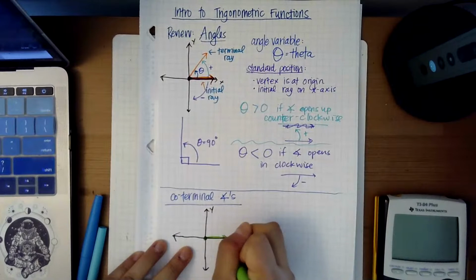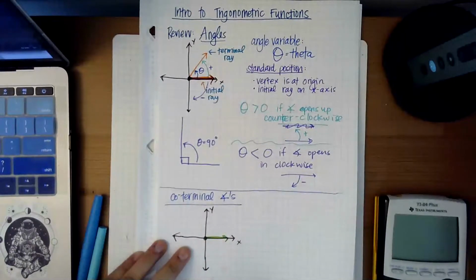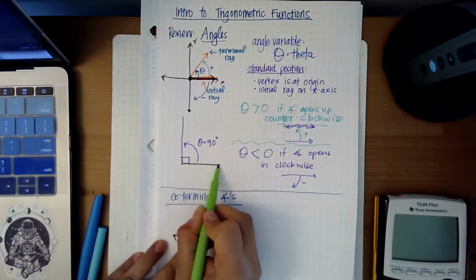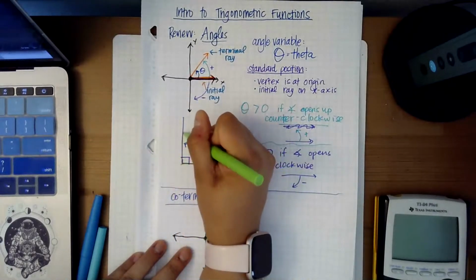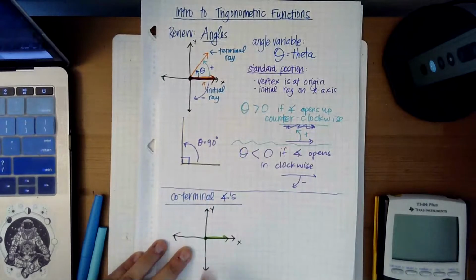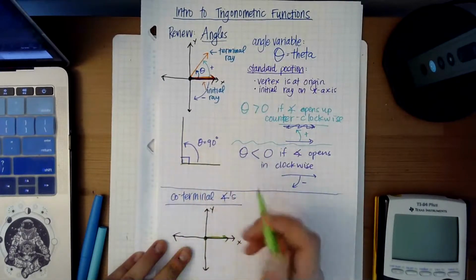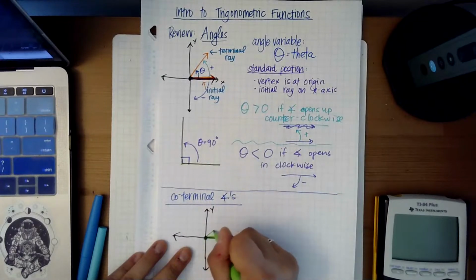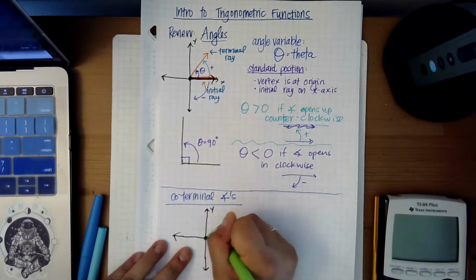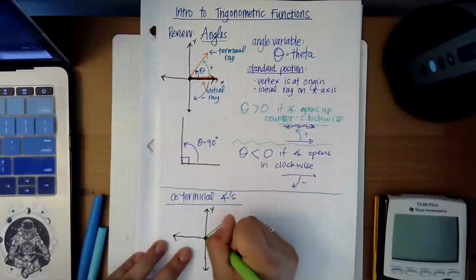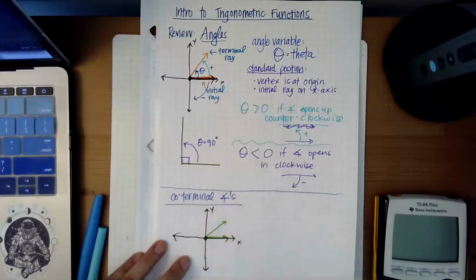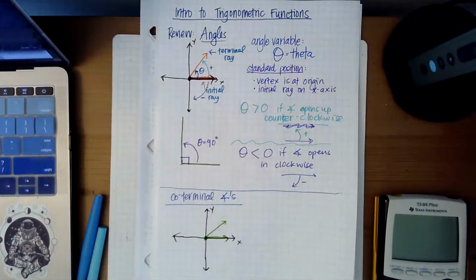There's my initial ray. I recognize that straight up. So notice this one was completely horizontal and this one was completely vertical, and that gave me 90. But I want to draw 45. Recognize that half of 90 is 45, so I'm literally going to just bisect that area exactly at the halfway point. So now I've drawn a 45-degree angle. Okay?